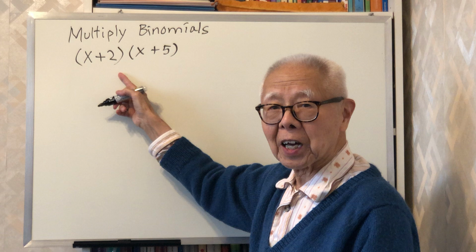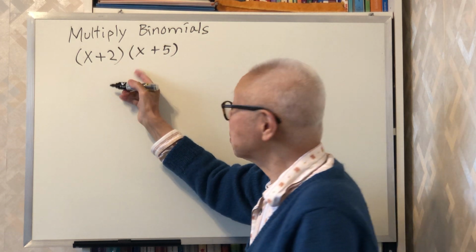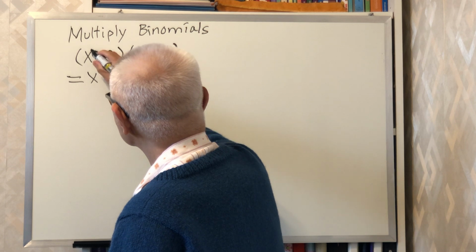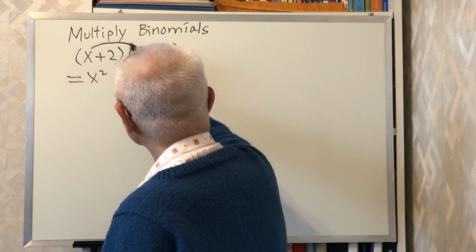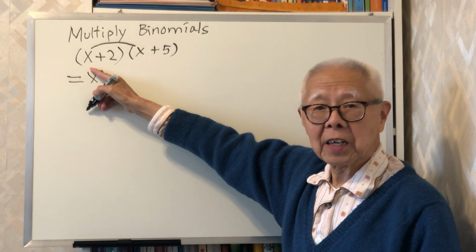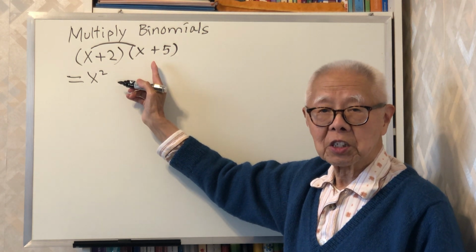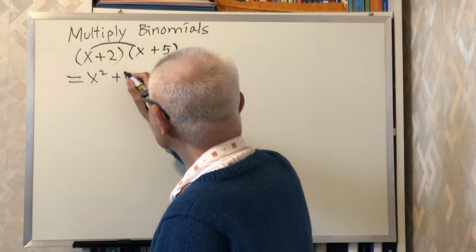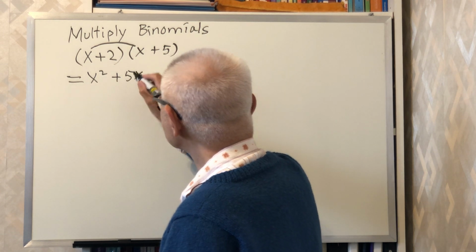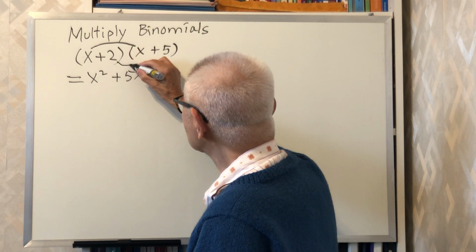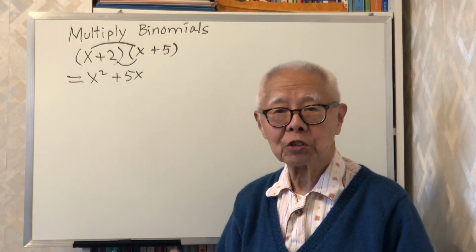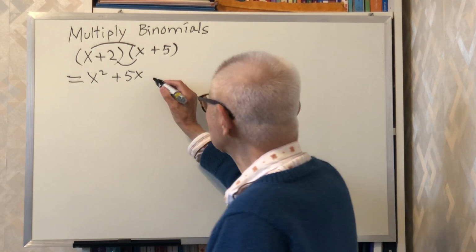X times x is x squared. X times 5 is 5x. Two times x is 2x.